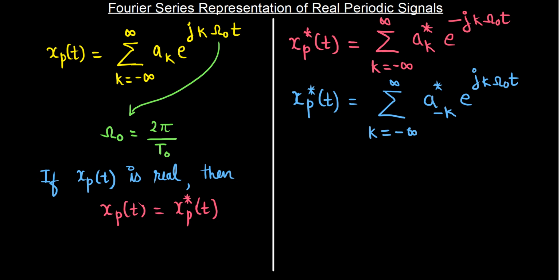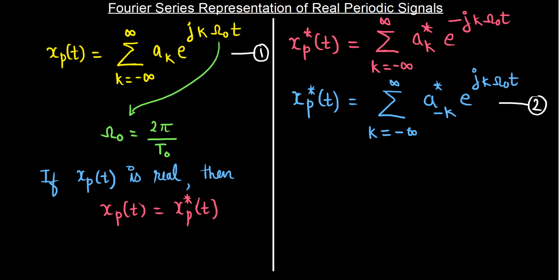Now I will compare these two expressions. Let me write that expression number 2 and compare it with expression number 1. If I compare both of these expressions, you can see that for real signals, as we have xp of t equal to xp of t star, equations 1 and 2 must be equal.